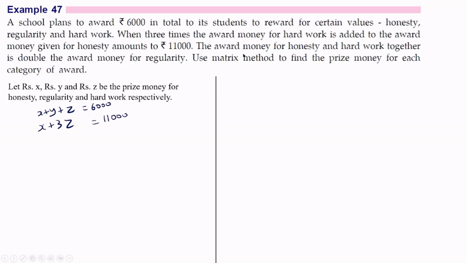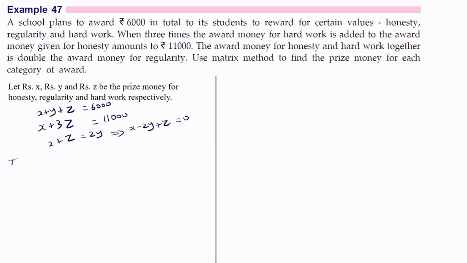And then it is given the award money for honesty and hard work, x plus z, together is double the award money for regularity. This is equal to 2y, or we have x minus 2y plus z equal to 0. So we have to solve these 3 equations and find the values of x, y and z using matrix method.